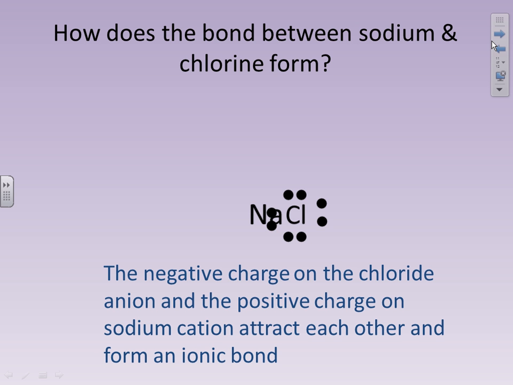The negative charge on the chloride anion and the positive charge on the sodium cation attract each other and form what we call an ionic bond. Remember, an ionic bond, or any bond, is an attractive force that holds atoms together.